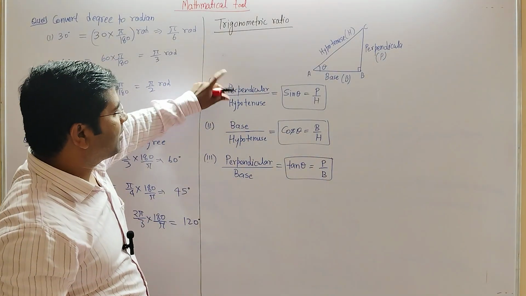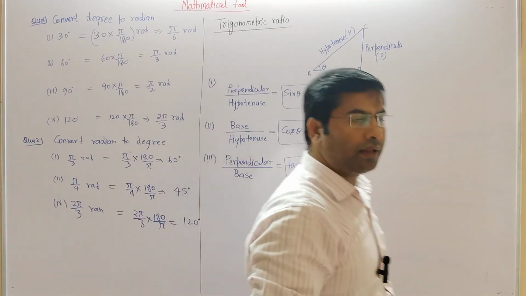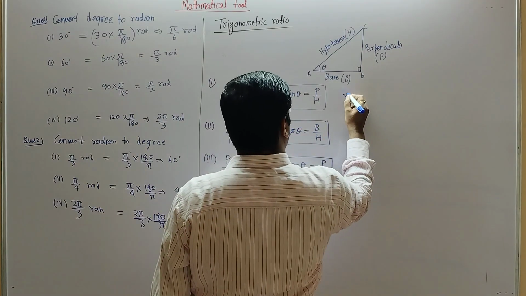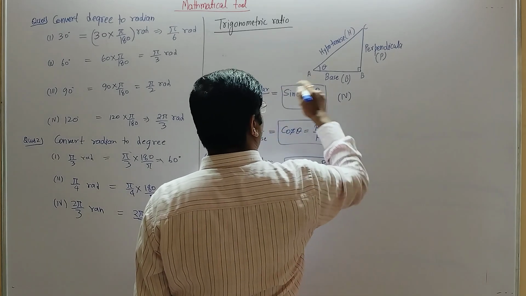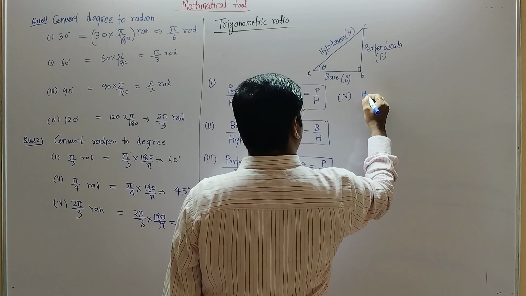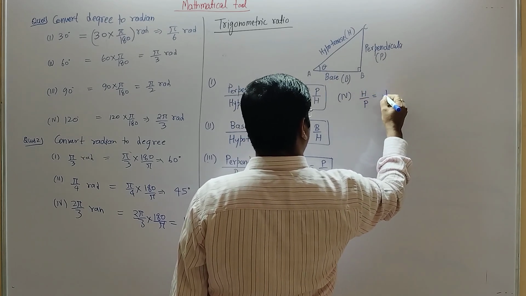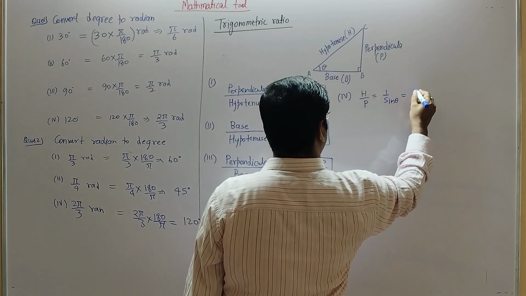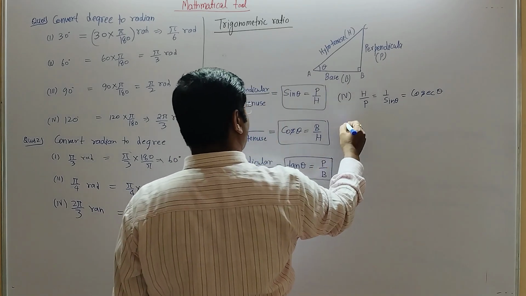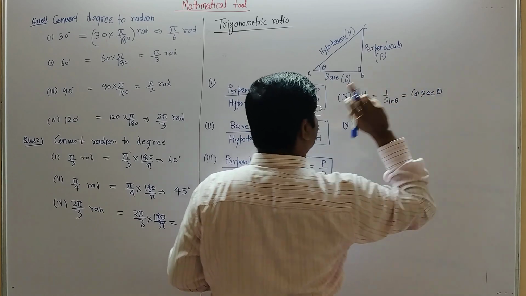Similarly, if I take hypotenuse upon perpendicular, that will be 1 upon sine theta, named cosec theta. So better you remember these three, and remember that 1 upon sine theta is cosec theta.